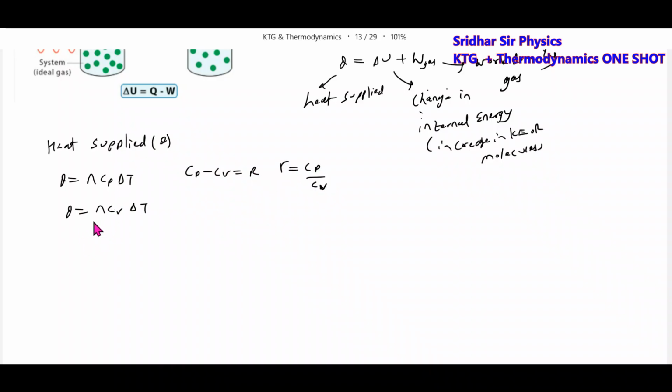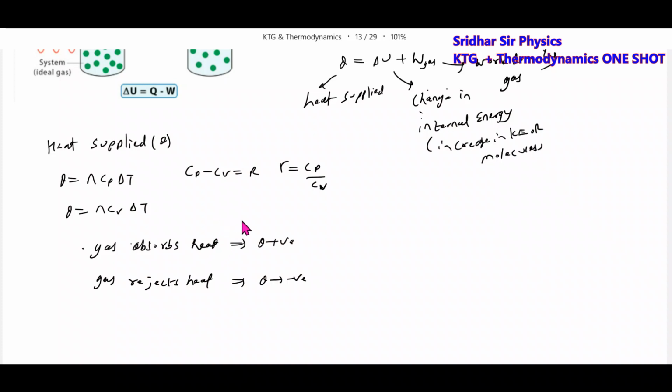When a gas absorbs heat, Q will be positive. Gas rejects heat, Q will be negative. This is a sign convention you can follow.